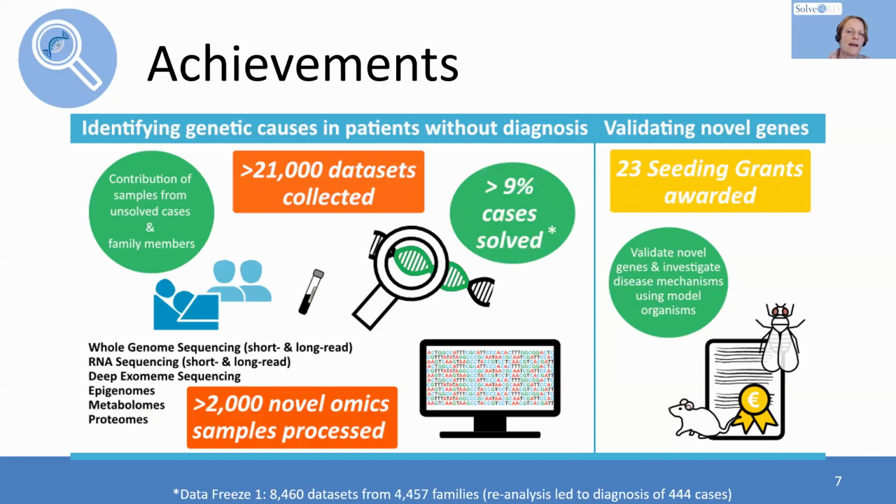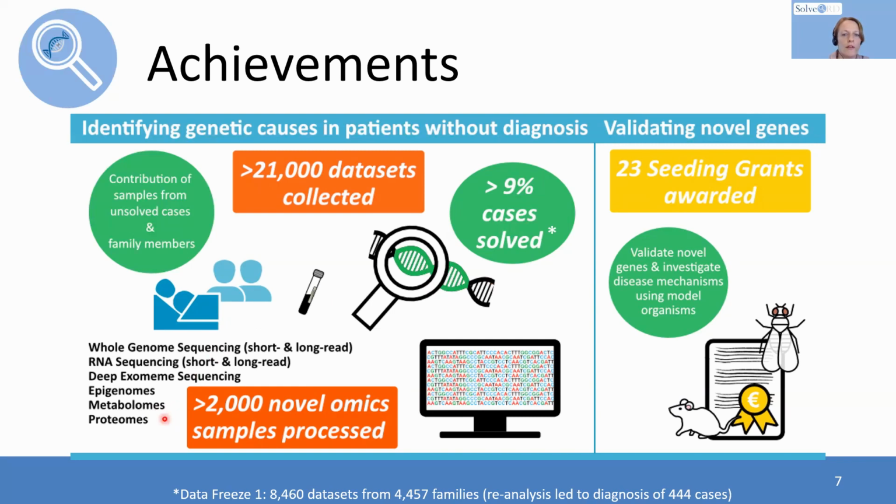And this last slide now indicates our progress and achievements in the project. We have meanwhile more than 21,000 datasets collected, so even more than originally anticipated. We have the proof of concept that the reanalysis approaches on our first data freeze led to a diagnosis in more than 9% of the included families.